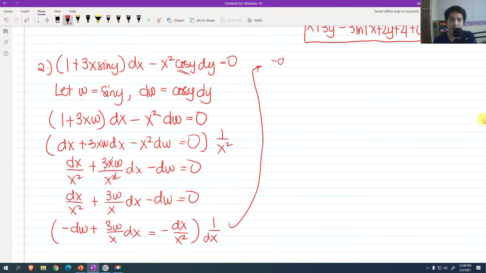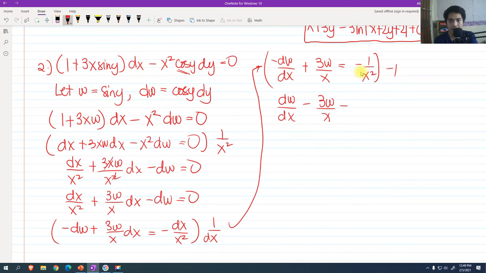So we have negative dw over dx plus 3w all over x, and the dx in the second term is cancelled. So we now have equals negative 1 all over x squared. If I multiply it by negative 1, so that this becomes positive, we have dw over dx minus 3w all over x equals 1 all over x squared.